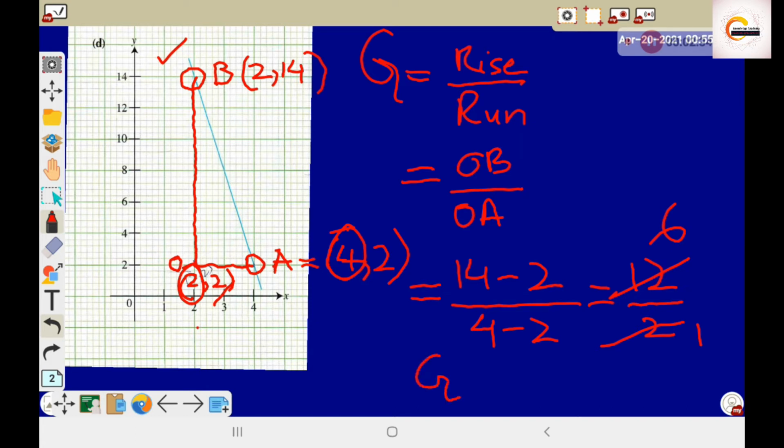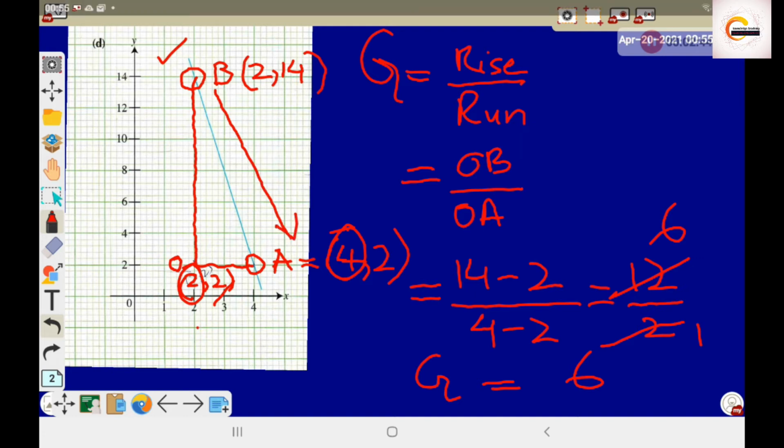The gradient will be 6, but we know that the line is coming down from left to right. That's why the gradient will be negative.